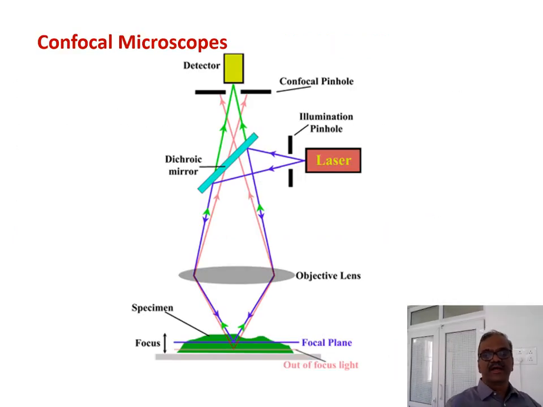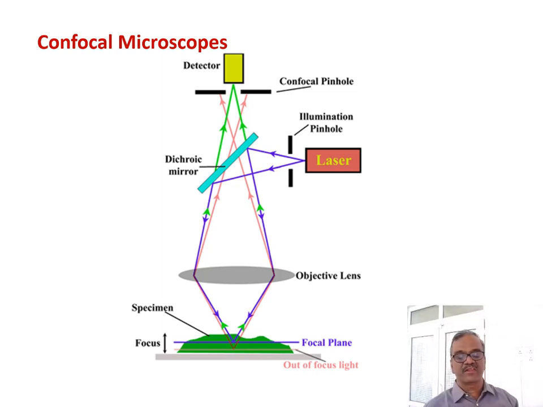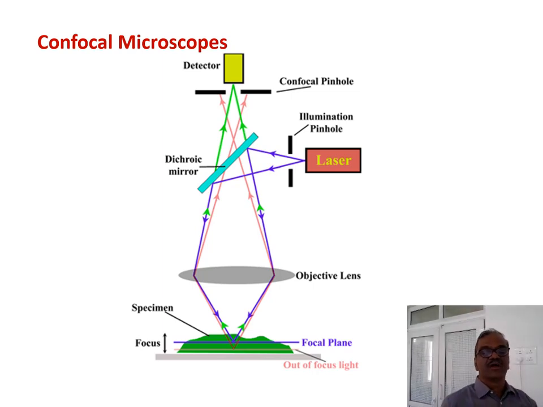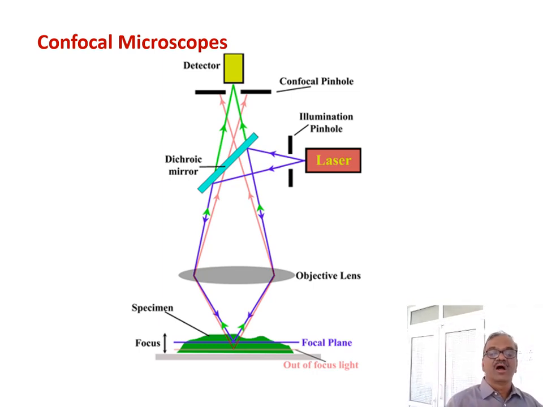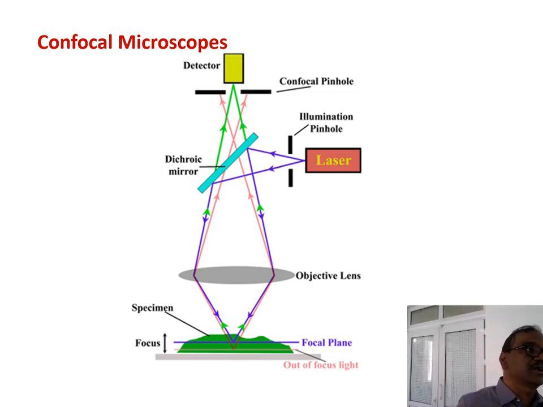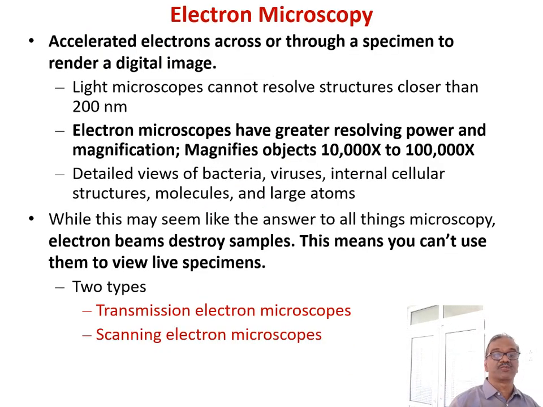So this is the diagram of how the detector is taking the digitized image. So you can see a first focal plane where the specimen is kept, and through the objective lens, the laser is directed. Then the laser goes through the pinhole and there is a mirror, and with that they are able to make an image, and the confocal pinhole is connected to the detector which has the digitized image. So this is in case of confocal.